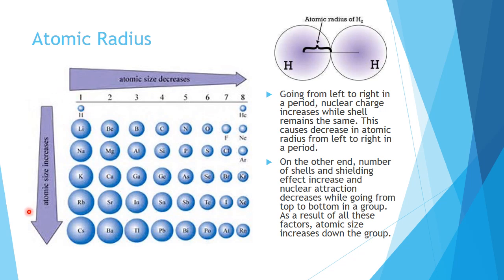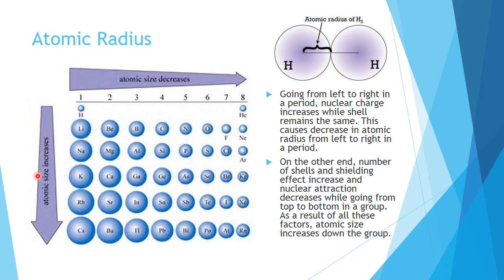Now we talk about the atomic radius in a group. Going from top to bottom in a group increases the atomic radius gradually, because going from top to bottom, every element has an increased shell. If we talk about hydrogen, it has only one shell. If we talk about lithium, it has two shells.